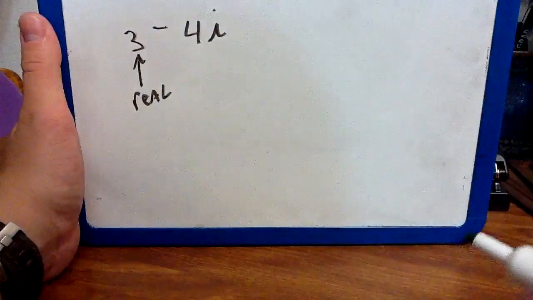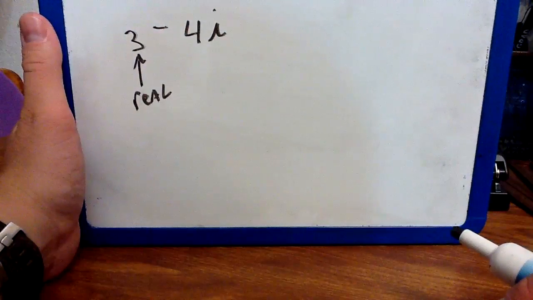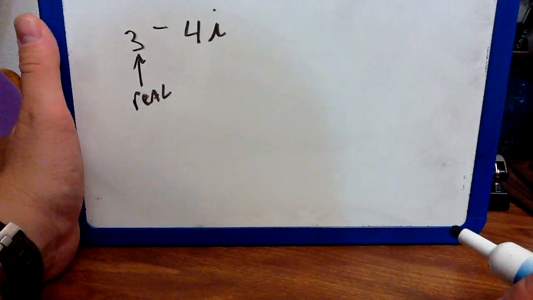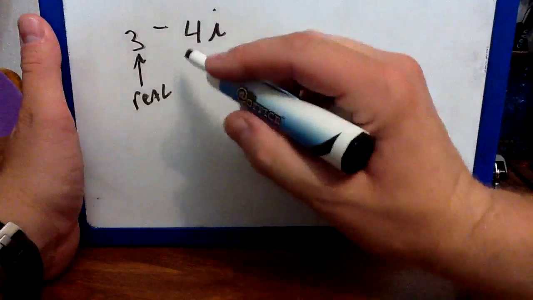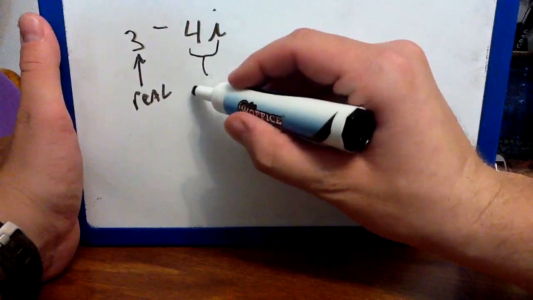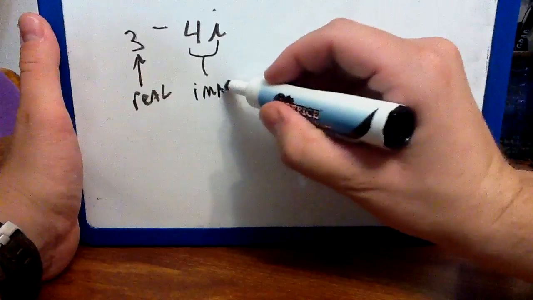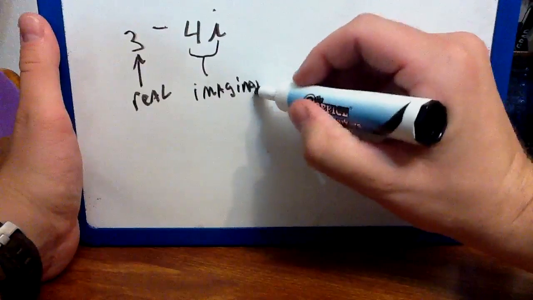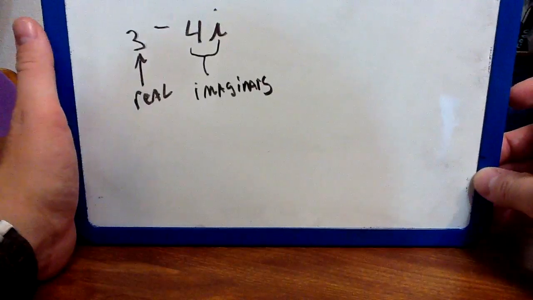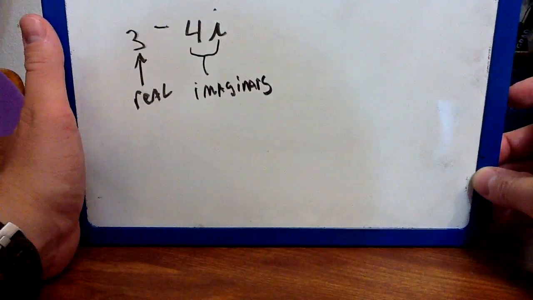It's a real number, and obviously we can visualize that and we understand what it means. And then I have this 4i here, and this is what we call the imaginary part. Now, clearly, it's somewhat difficult to make sense of this number.